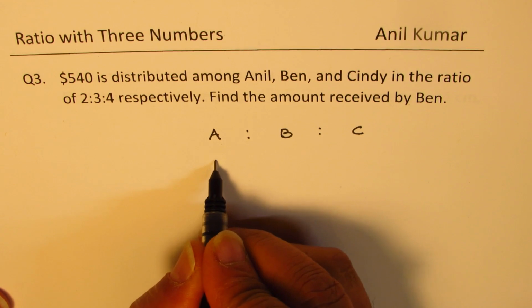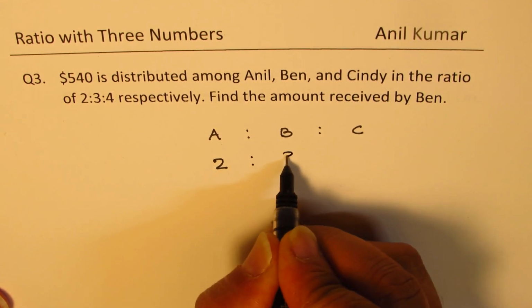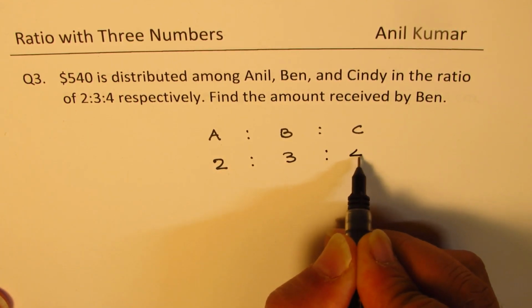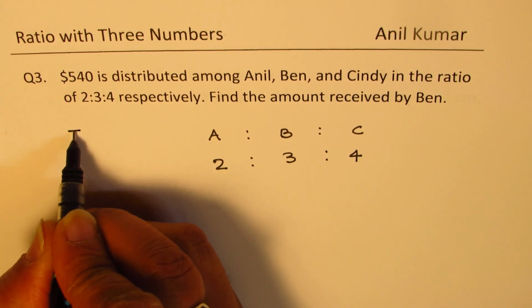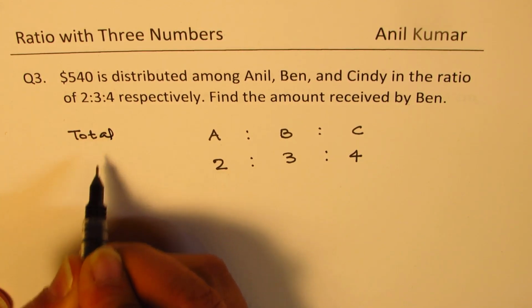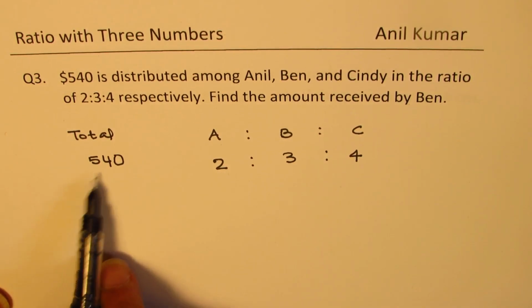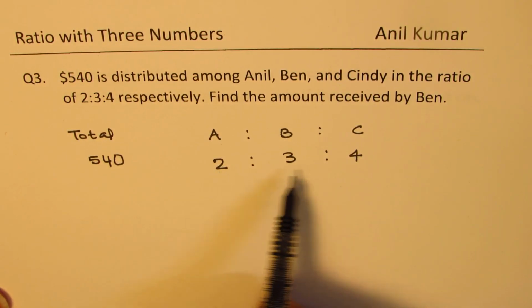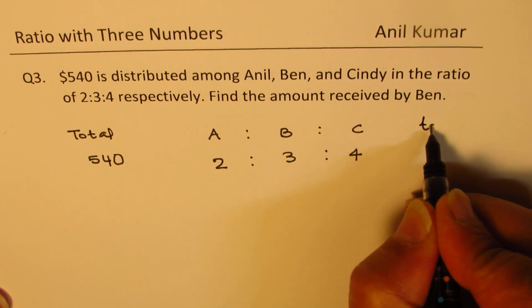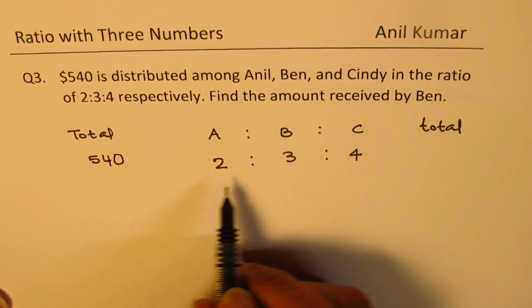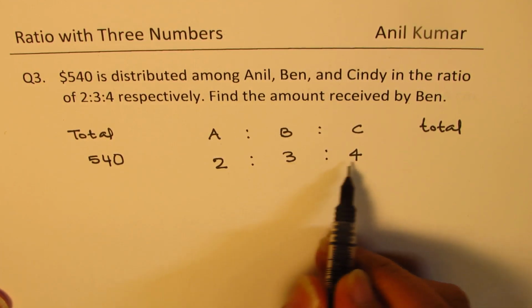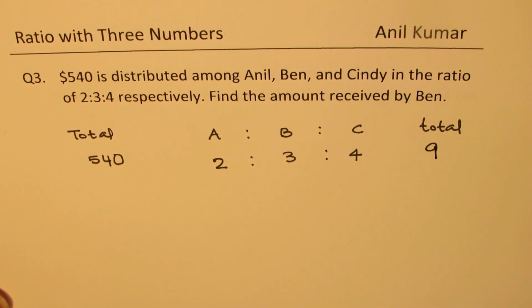They get some amount in the ratio of 2:3:4, right? So total amount is given to us. Total amount is 540. So whenever total amounts are given in the ratios, we should find the total of the ratio also, right? So 2 plus 3 is 5 plus 4 is 9. Do you see that?